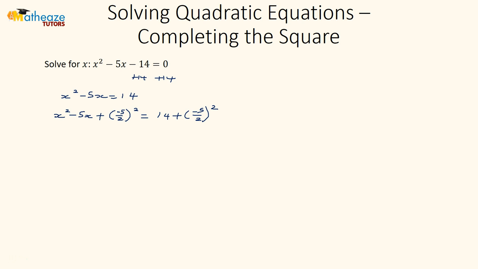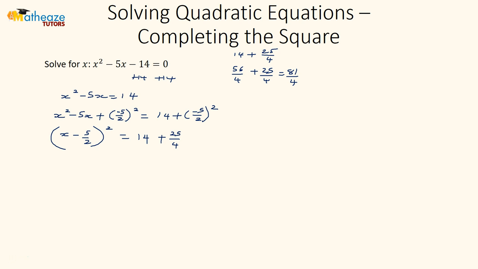So we're going to express the left hand side as a perfect square. So we're going to have (x - 5/2)² is equal to 14 + 25/4. Let's simplify that. 14 + 25/4 is the same as 56/4 + 25/4, which is 81/4.